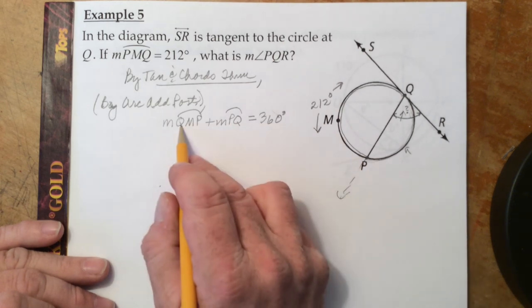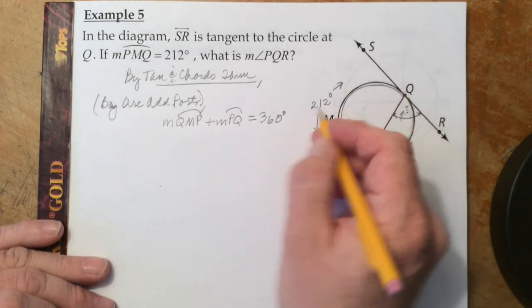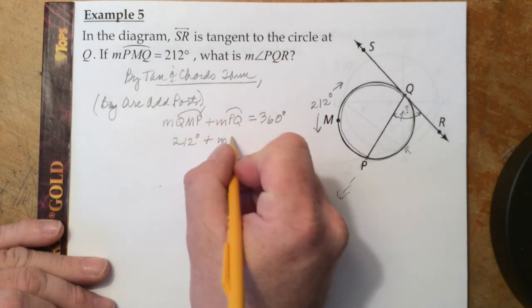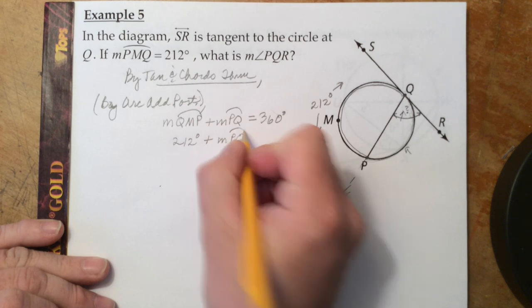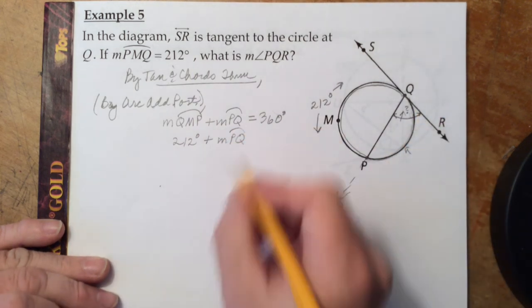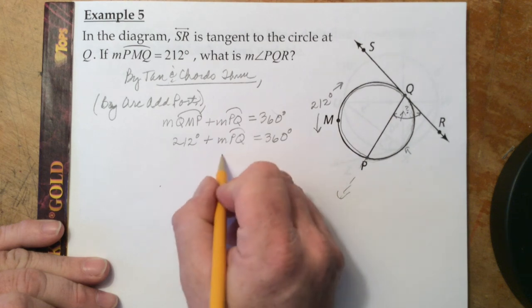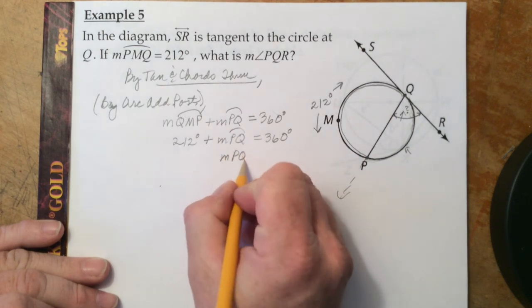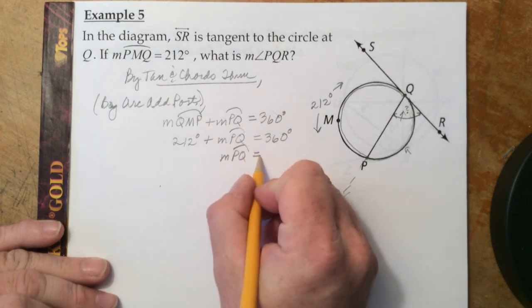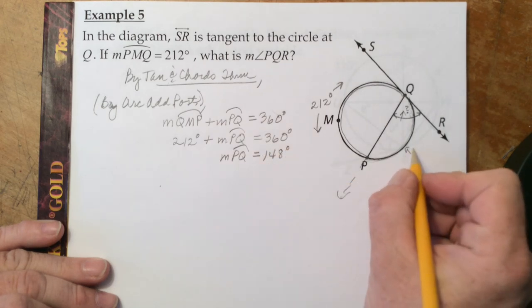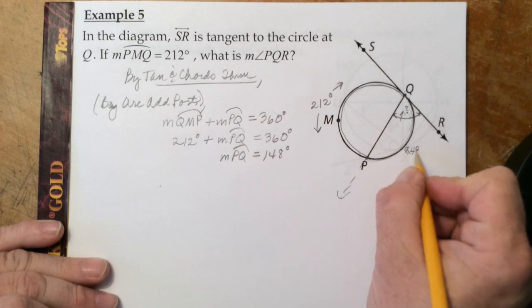So the measure of arc QMP was 212 degrees, plus the measure of arc PQ, which we need right here, equals 360 degrees. When we subtract 212 from both sides, for the measure of arc PQ, we end up with 148 degrees.